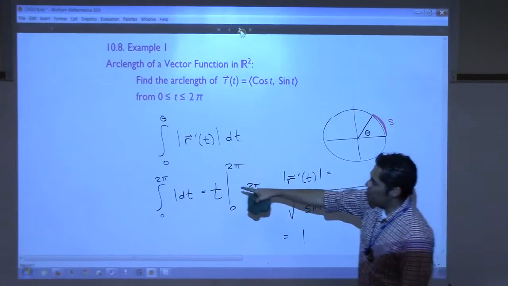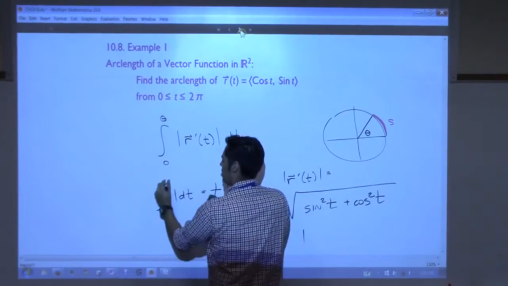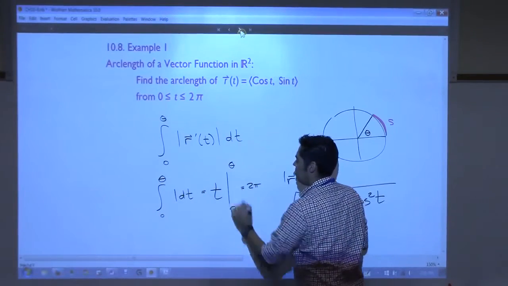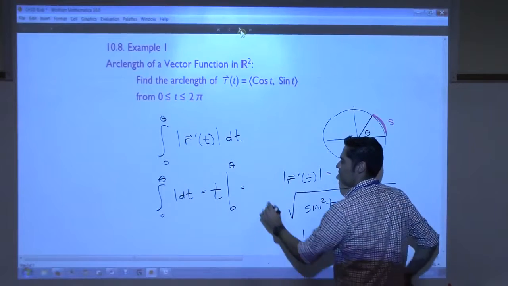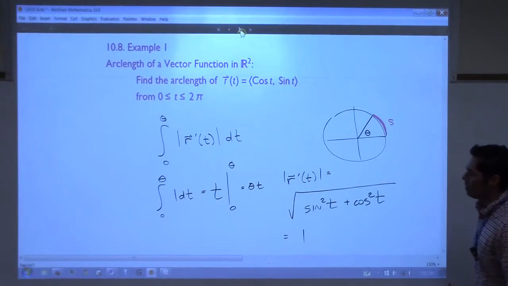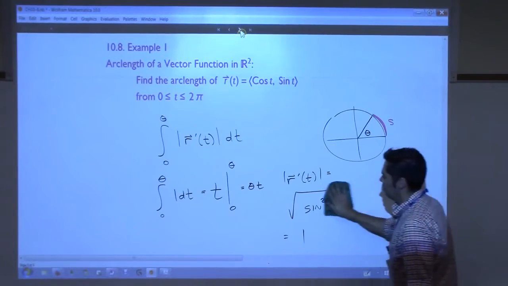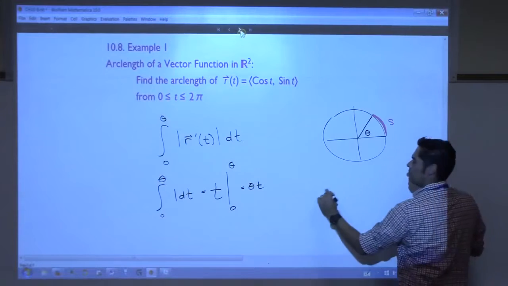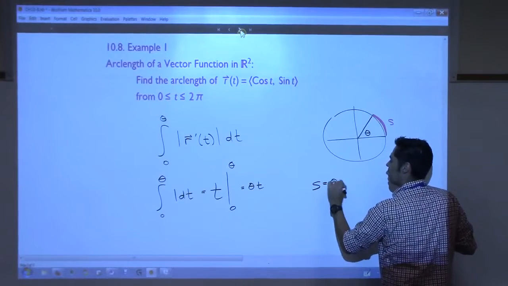Then this would change to be theta, and this would change to be theta, and this answer would change to be theta.